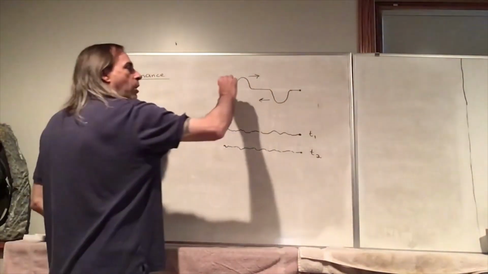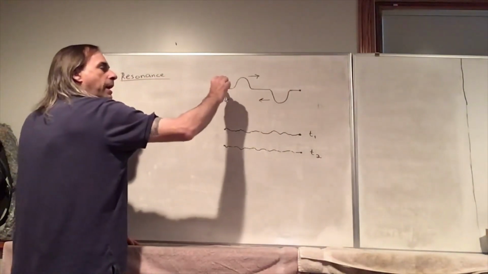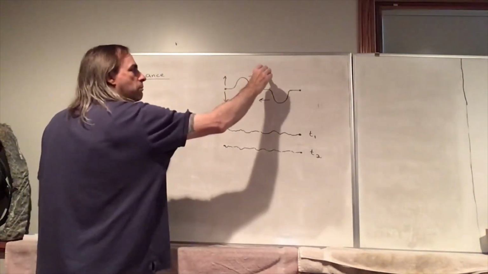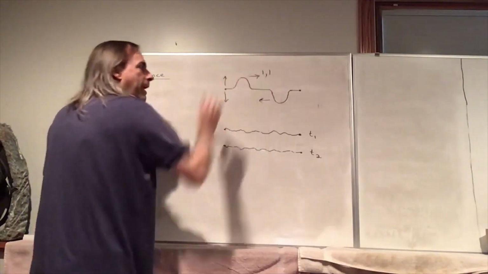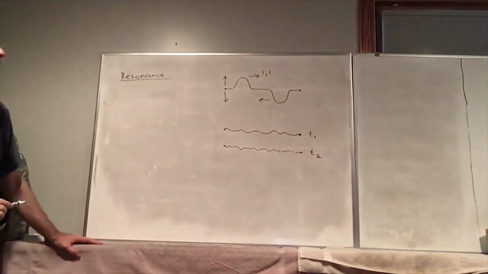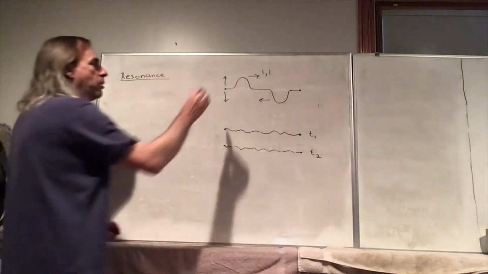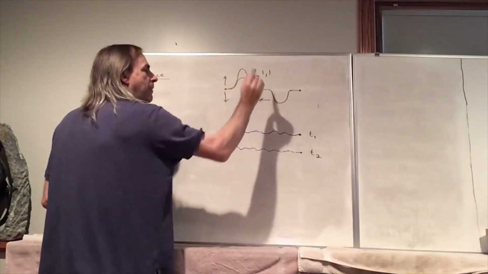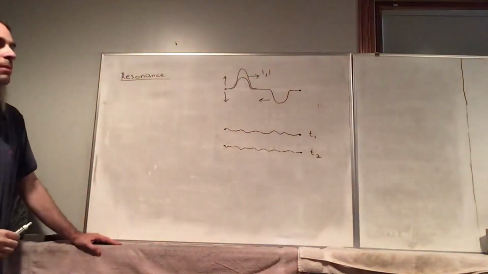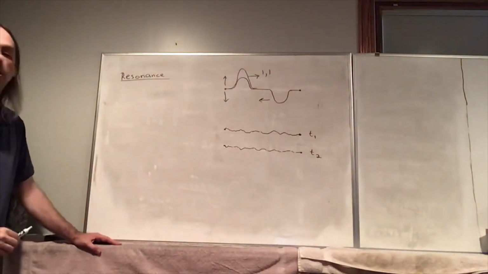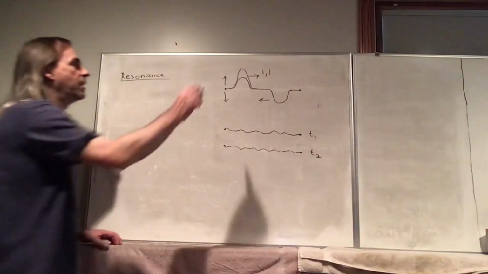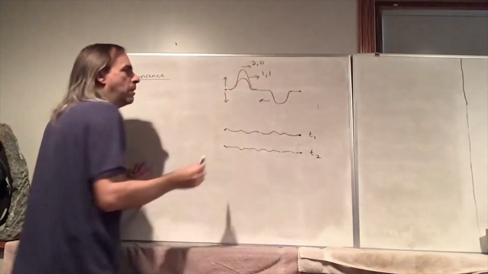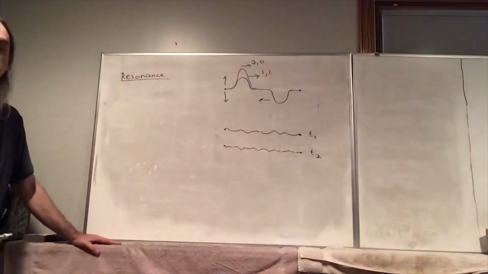So again, pulse 1, it does this, comes back, and then say this is pulse 1 after the first reflection, and then pulse 2, they look the same except the second one is a freshly created pulse, so it's going to have more energy and a larger amplitude. So let's say this is pulse 2 that has gone through 0 round trips.